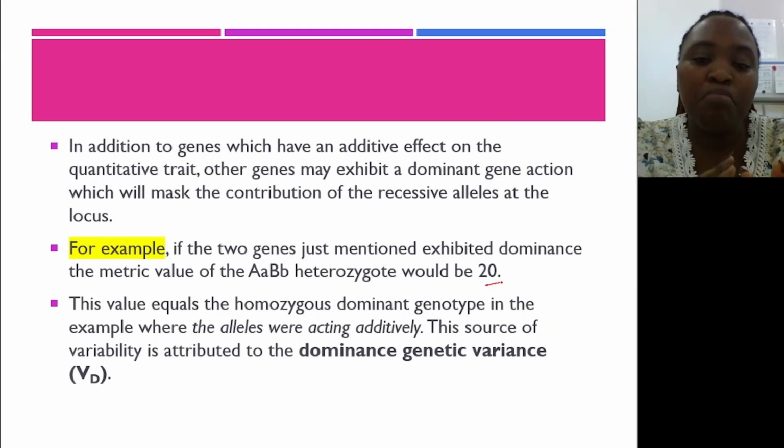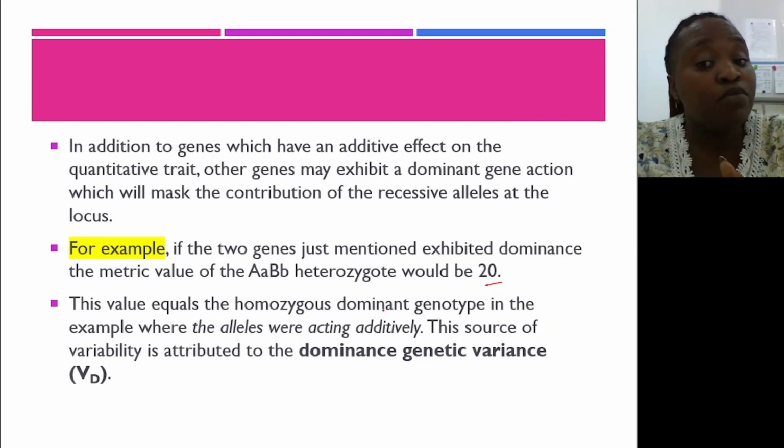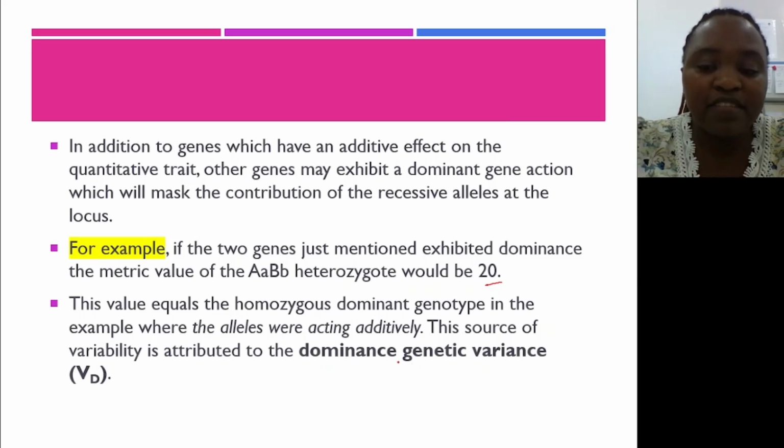That means both the heterozygote form and the homozygous dominant give us the same phenotypic value of 20. This value equals the homozygous dominant genotype in the example where the alleles are acting additively. This kind of variability is attributed to dominance genetic variance, denoted as VD.